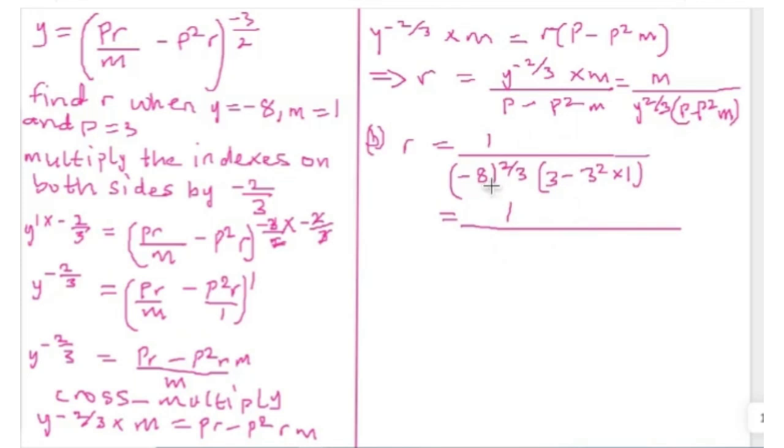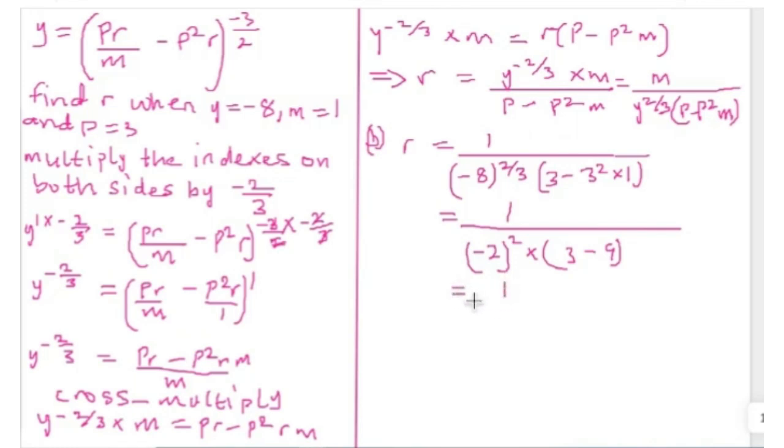Effectively asking what number can we multiply 3 times to get −8? That number is −2. So (−8) raised to power 2/3 reduces to the cube root of −8 squared, which is (−2) squared, times (3 minus 9).